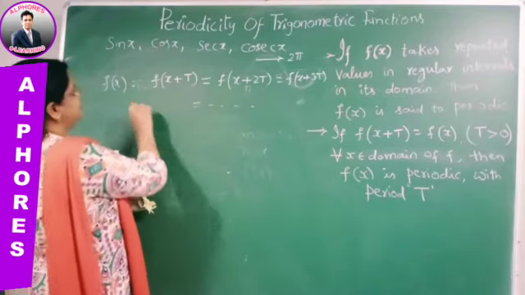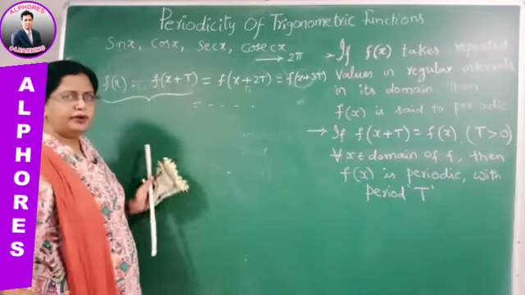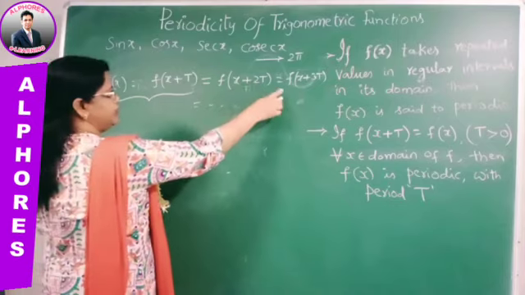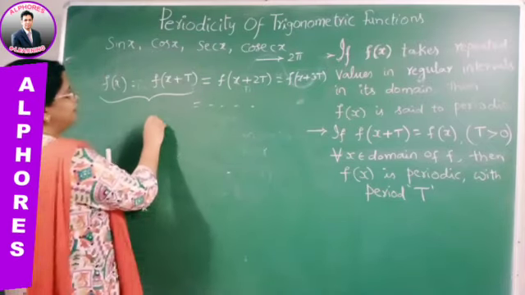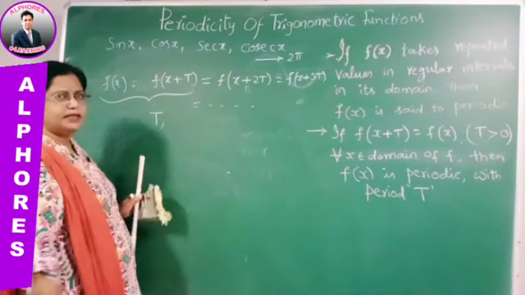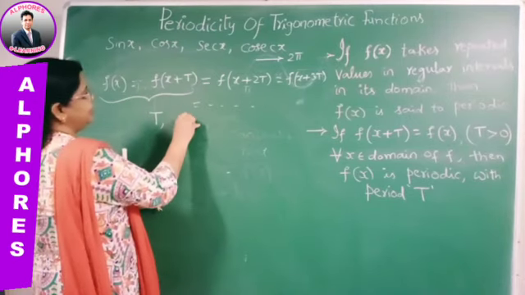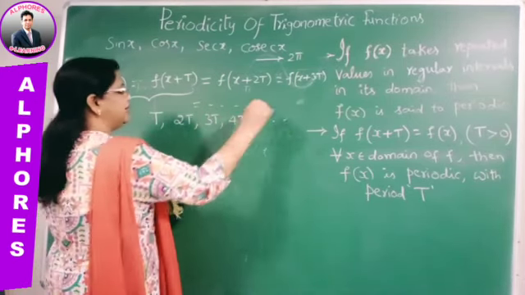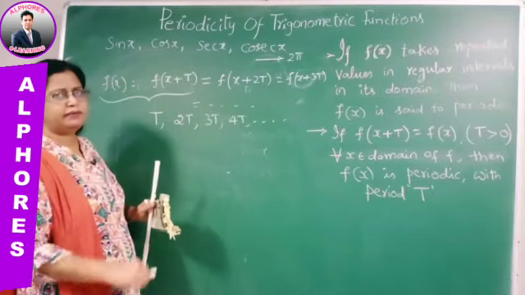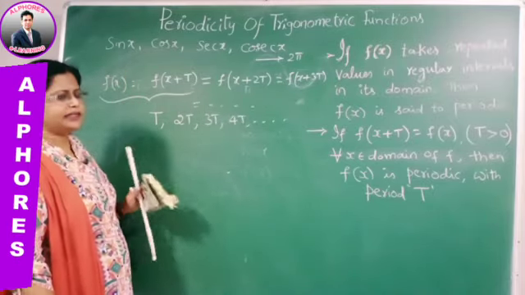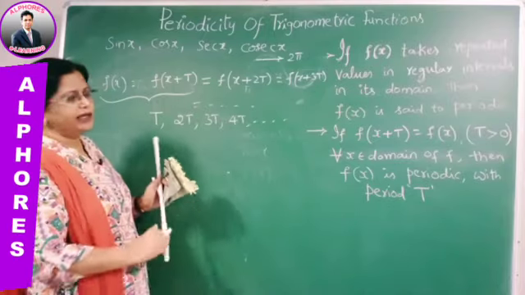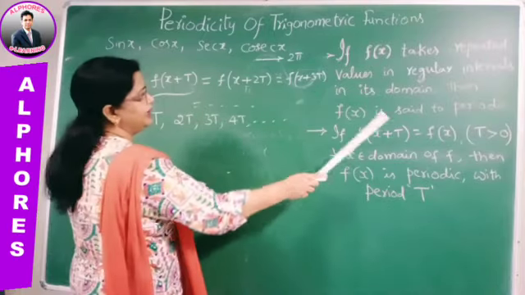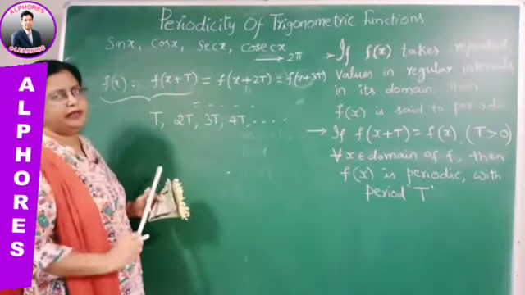Then we can say once this relation holds good, then these relations also hold good. That implies not only t is the period, but it can be 2t, 3t, 4t, etc. All these are also periods of the same function f of x. Understand students? Now again we are taking t, but we are telling these many are periods.